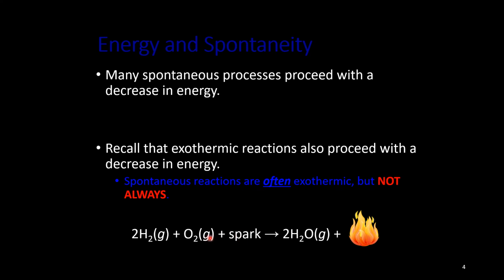But once you set it off, it's spontaneous from there. It reacts to form H2O gas and lots of fire, lots of energy. So it is an exothermic process, but it's not going to always be the case. So the delta H is not exactly the whole story. I mean, it's the Chem 1 story. Now you're in Chem 2. We're going to take that, of course, and we're going to make it more complicated because that's what we do, right?